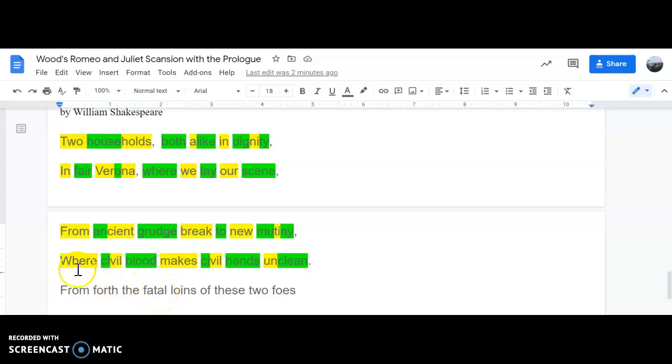See, it happens to everyone. So from forth the fatal loins of these 2 foes. So down, unstressed, stressed, unstressed. Then you have 2 syllables, so up, down, fatal. Loins, you go back up, down, up, up. Okay?